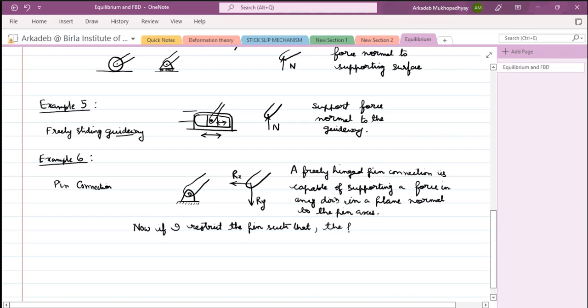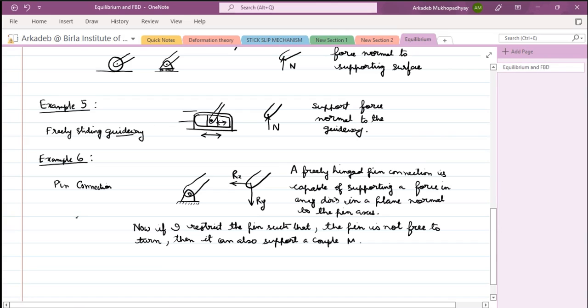If the pin is not free to turn, then it can also support a couple M. So how will it look like?